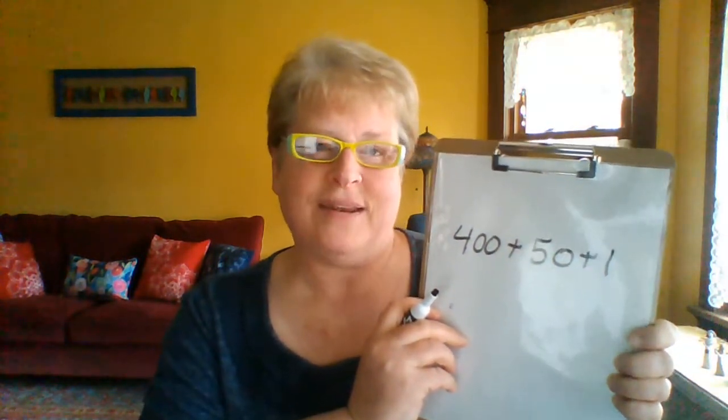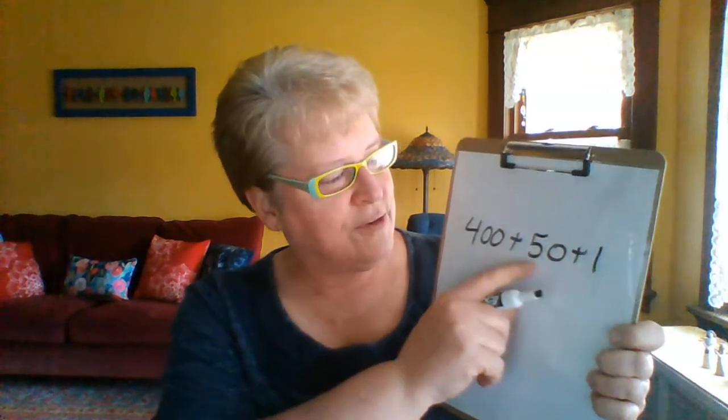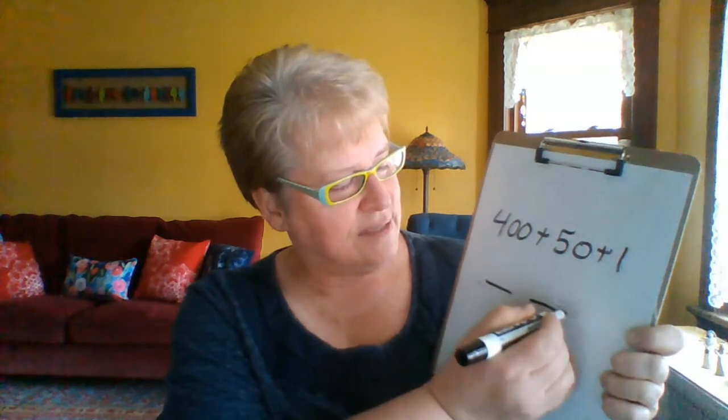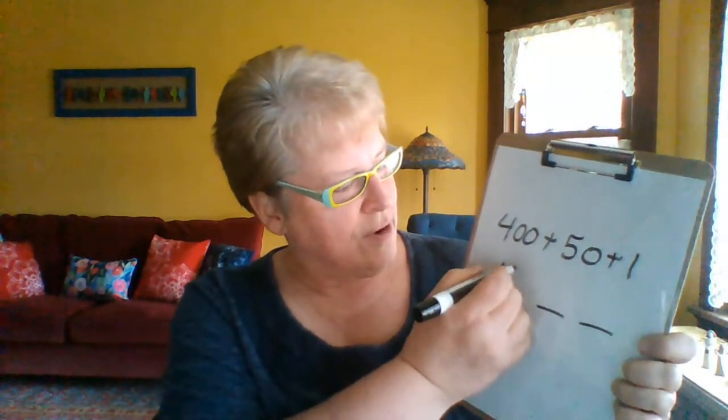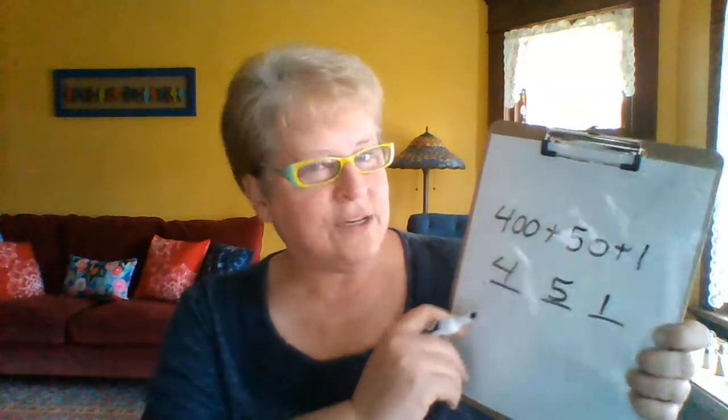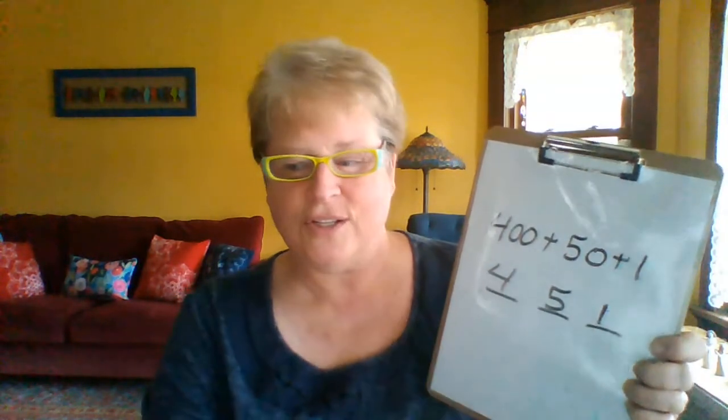So if I have 400 plus 50 plus 1, how would I write that as a number? 451. Remember, we have the hundreds, the tens, and the ones column. So good. 451. Excellent job. So we can do the reverse of the standard notation as well.